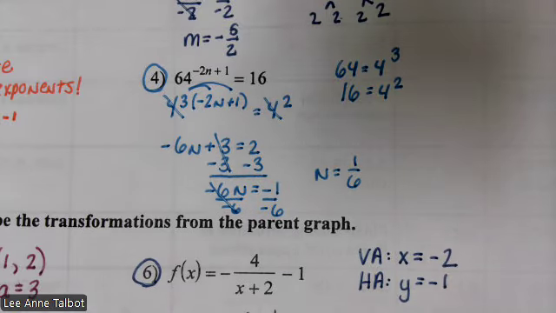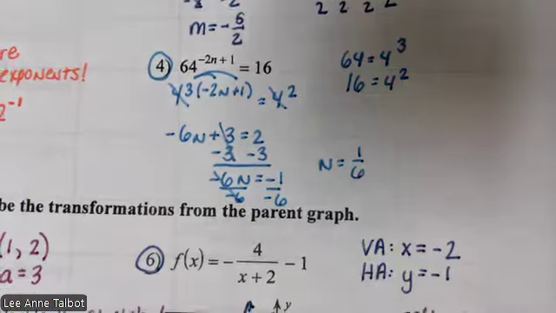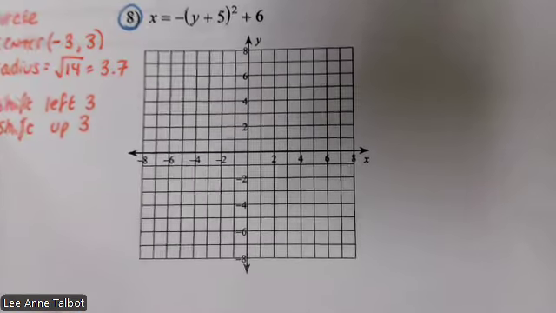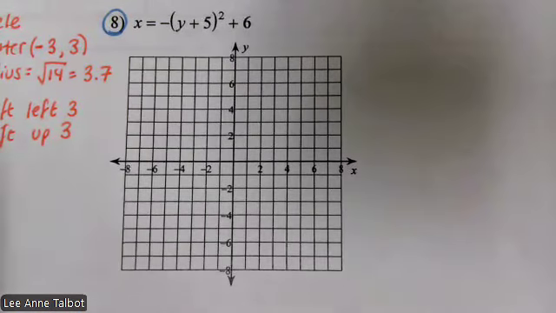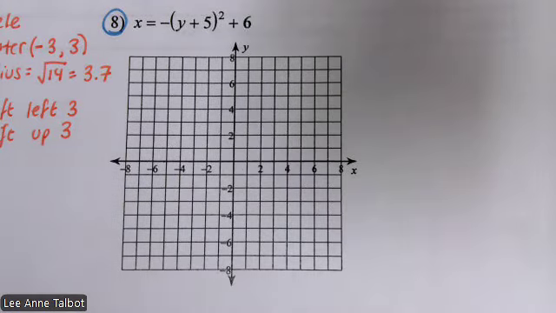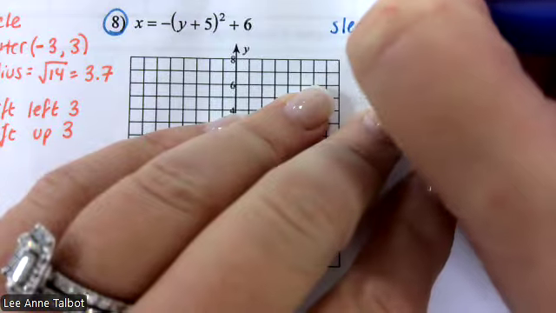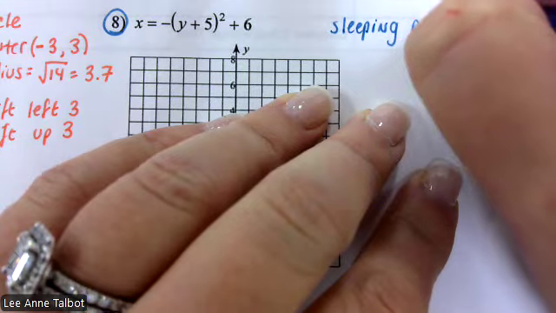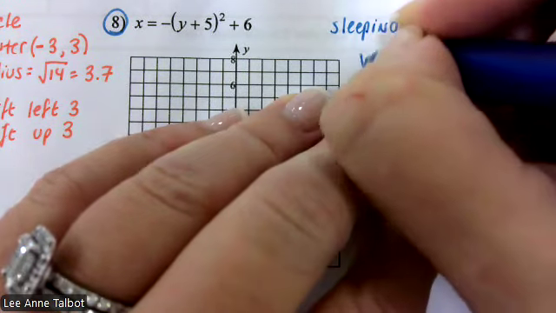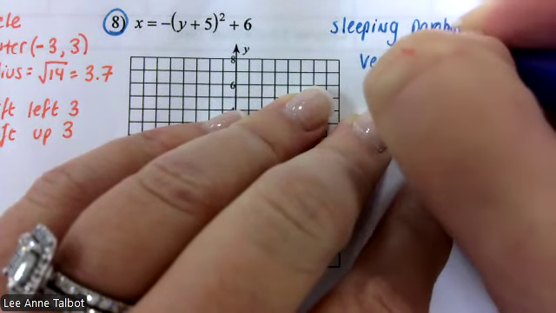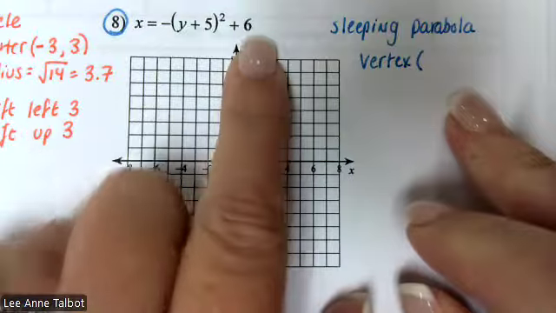Okay. Come on down to number 8. What shape is this guy? Sleeping parabola, which is good because that was a quiz topic. Okay, and this one, you have to be really careful with the vertex.